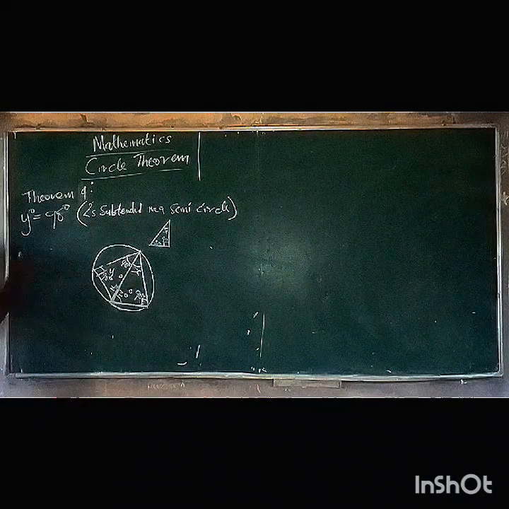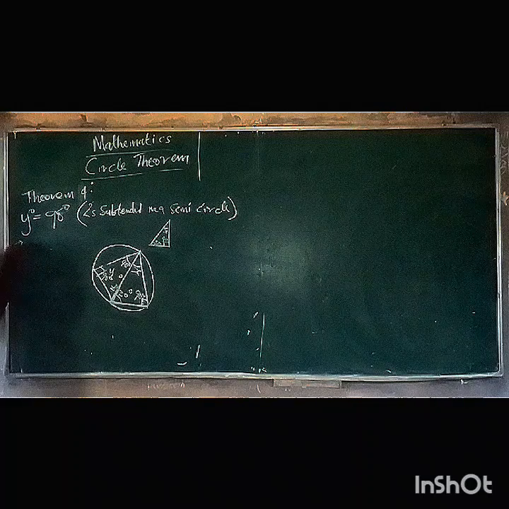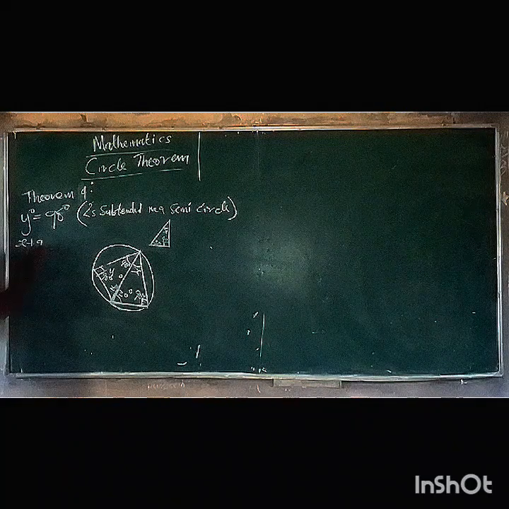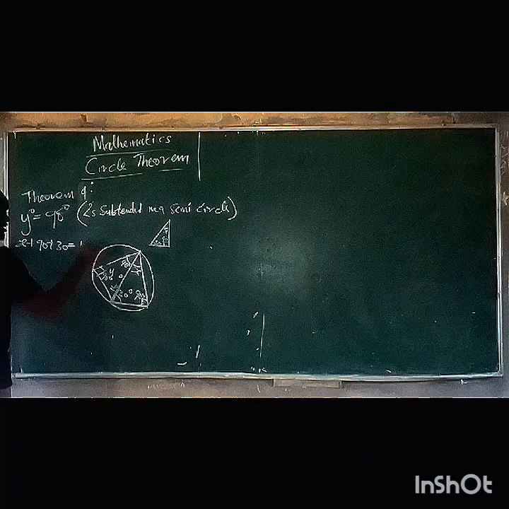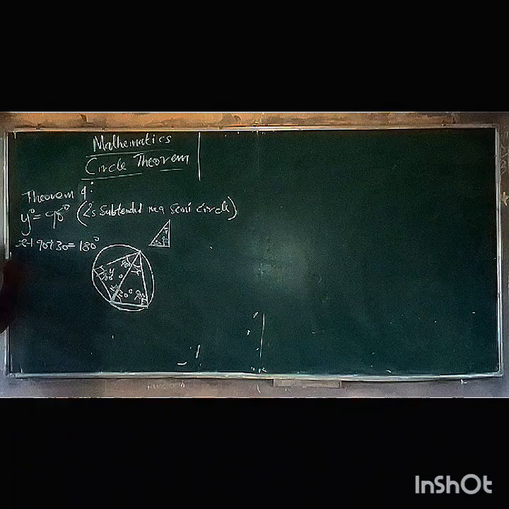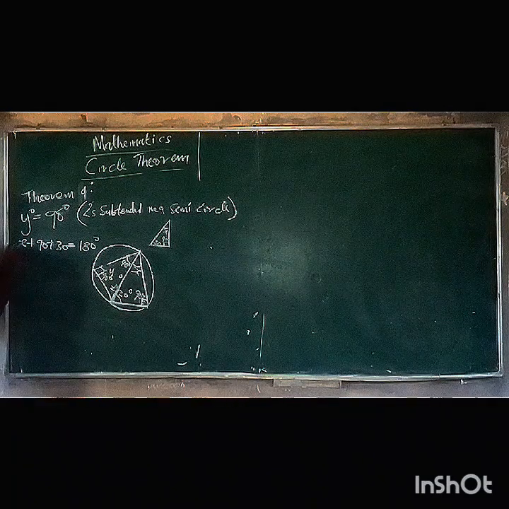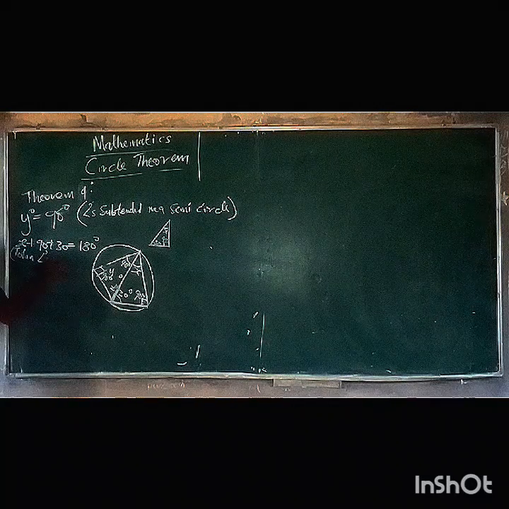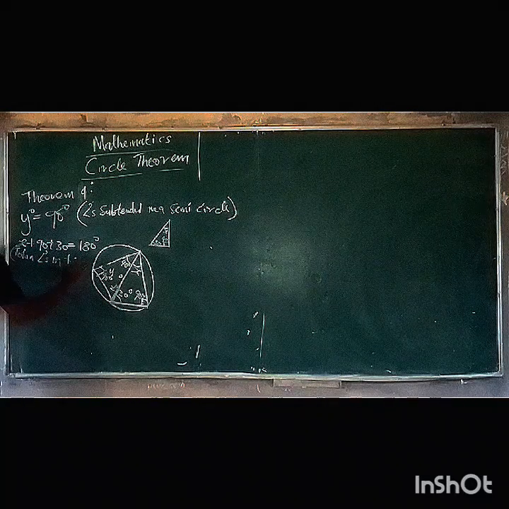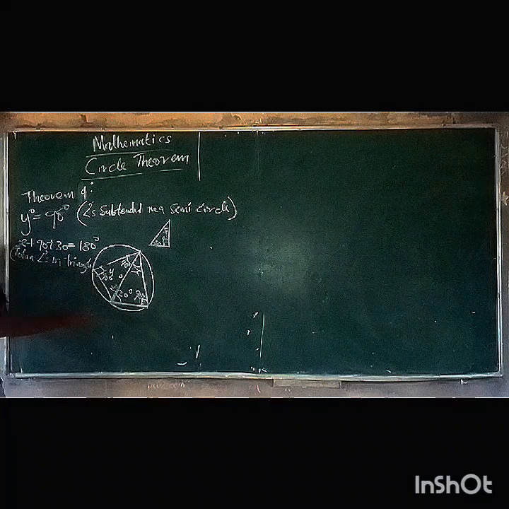From this triangle alone, to find the value of x, we say x plus 90 plus 30 is supposed to give us what? 180 degrees. And why do you say so? You say total angle in a triangle is 180 degrees.